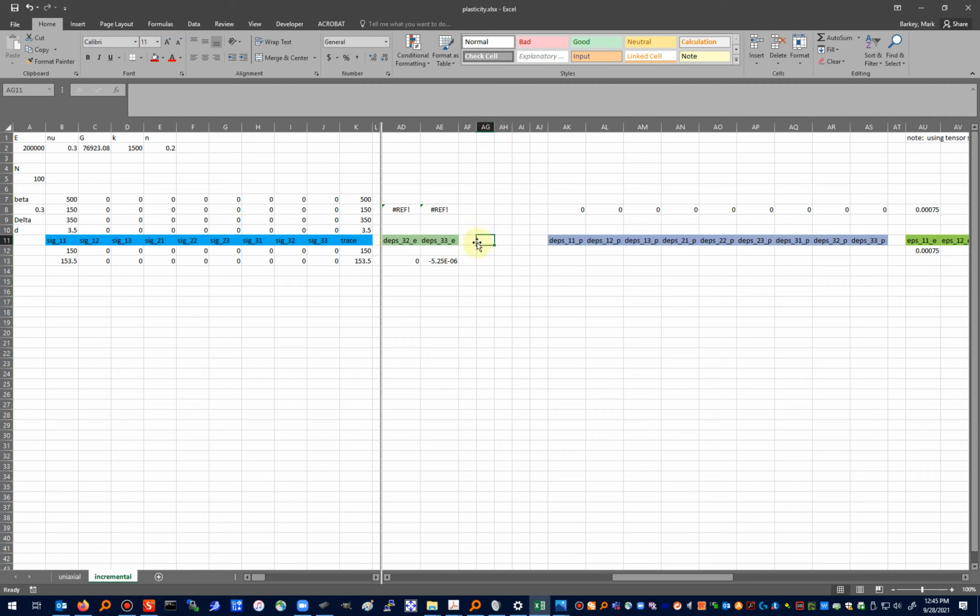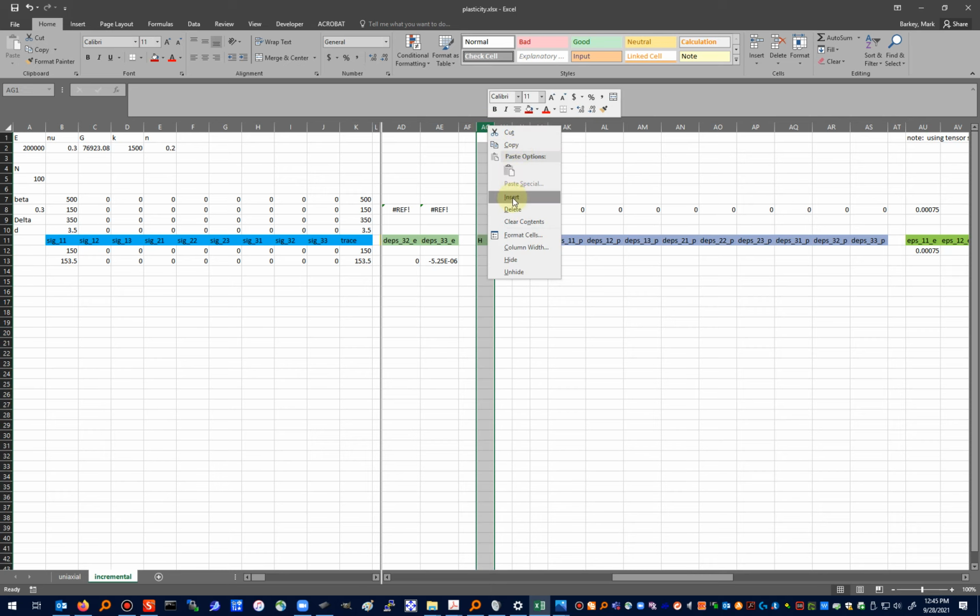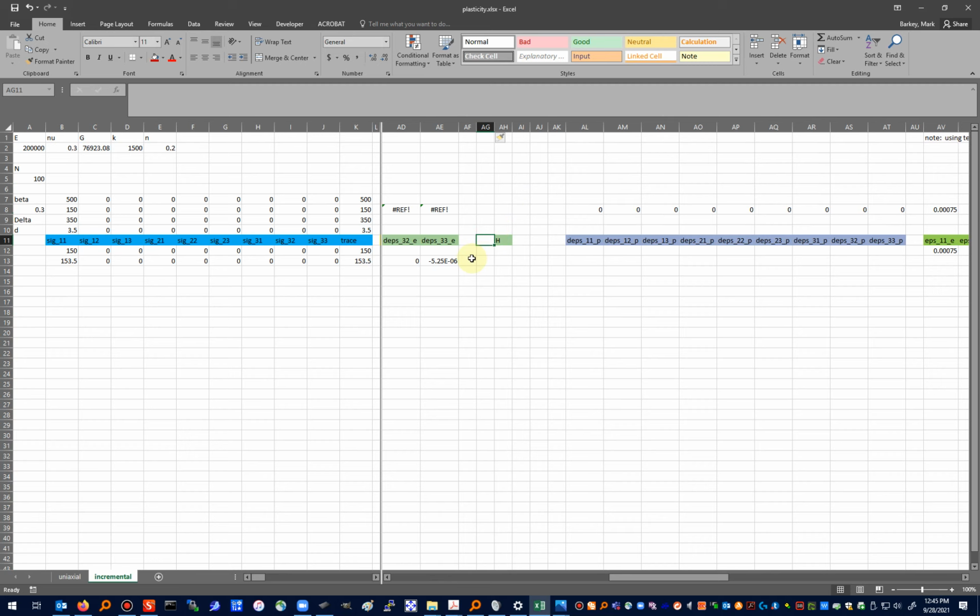Alright, so I'm going to call this one H. The H that I'm going to use is dependent on the stress state before I take my stress increment, so it's going to be based on these values right here. I'm also going to need a sigma naught, which is going to be our von Mises stress.